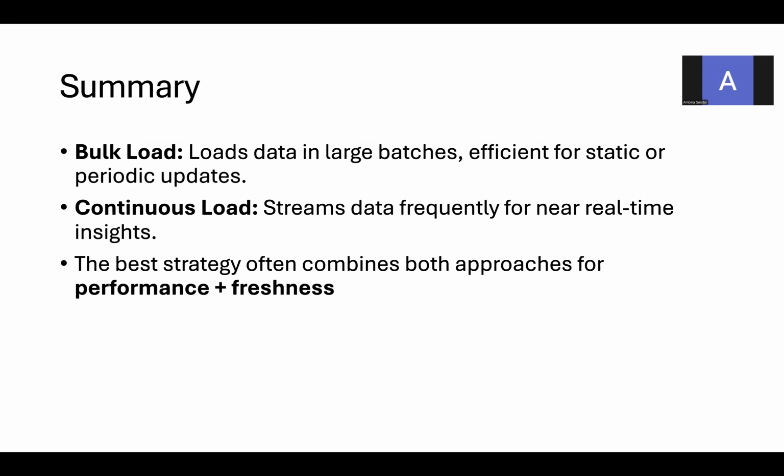Bulk load loads data in larger batches, efficient for static or periodic updates. Continuous streams data frequently for real-time insights. Bulk load is historical data, previous years. Continuous load is everyday data. The best strategy often combines both approaches for performance plus freshness.